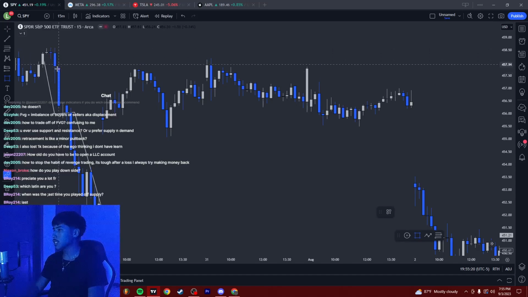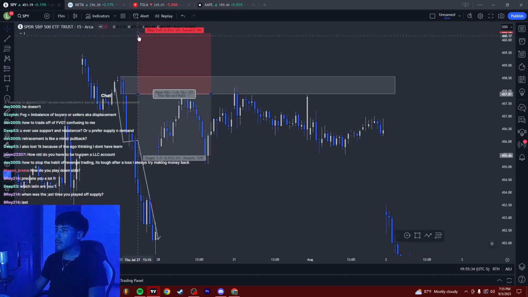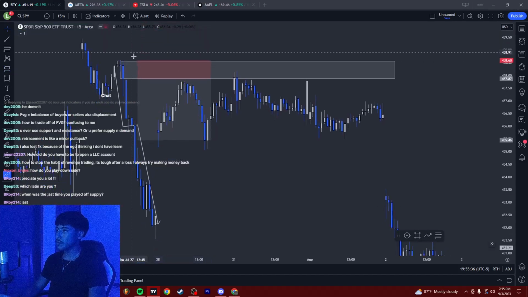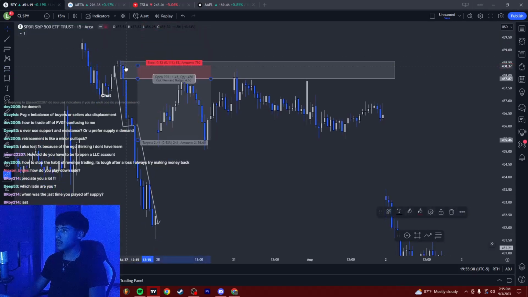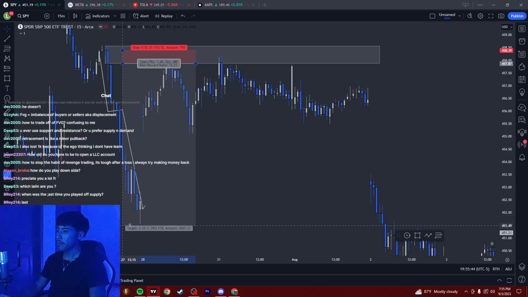This candle, even though it has wicks, you could obviously tell that there's volume there. So you'd go from the top of the wick to the bottom of the body close, give yourself time for it to retest, and then set your stop pretty tight. I'd do the candle open right there, target previous lows.